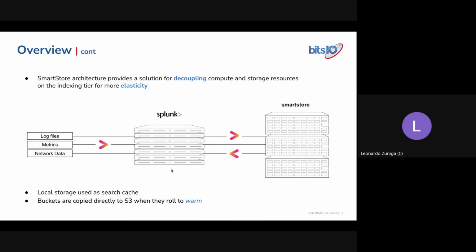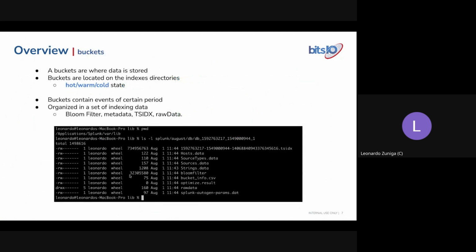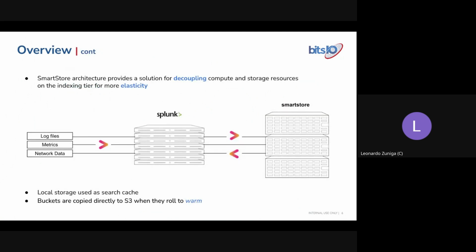The local storage on an indexer is now used for searching pretty much, and the buckets that are on Smart Store are in warm state. We will go into detail about the bucket process in Smart Store in future slides.